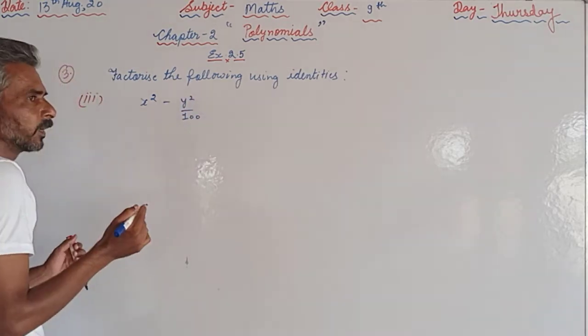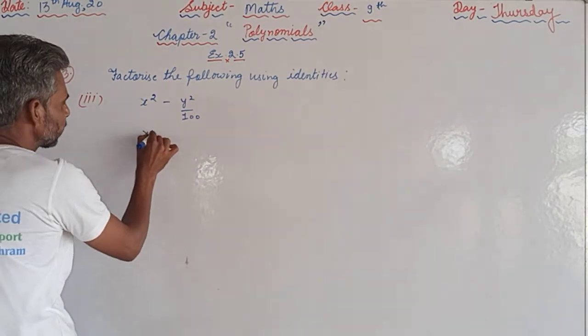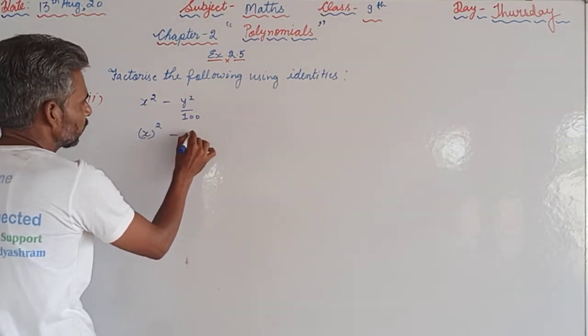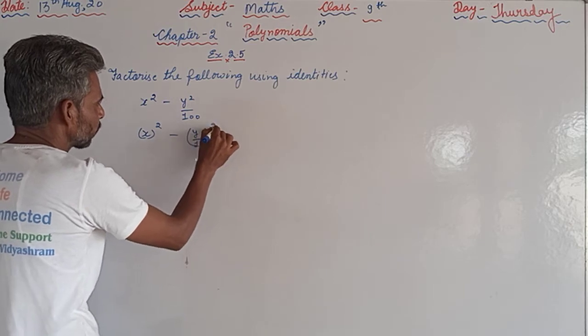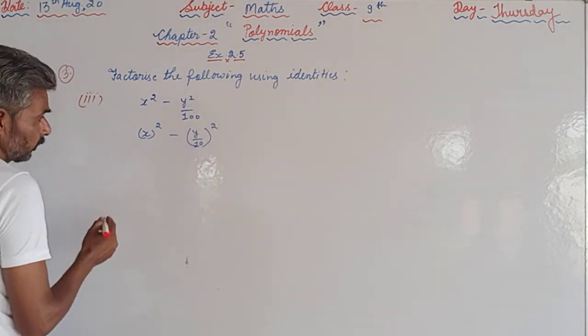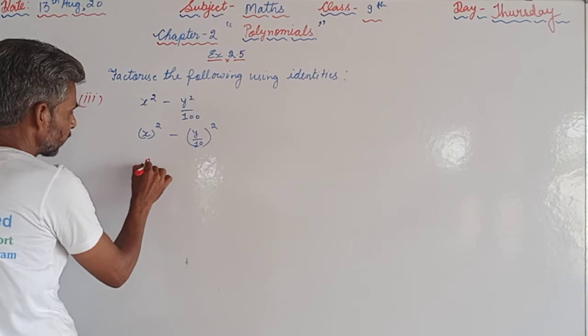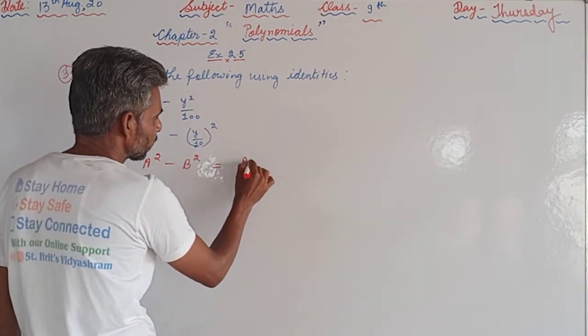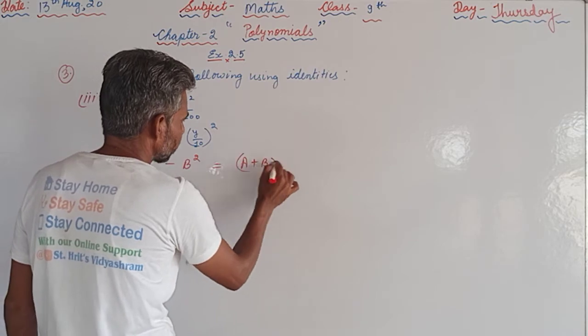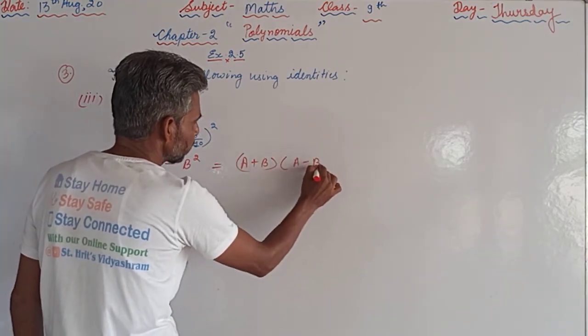We can make it the whole square, so we can write like this: x square minus y upon 10 whole square. From here we remind one of the identity, that is a square minus b square, that can be written as a plus b into a minus b.